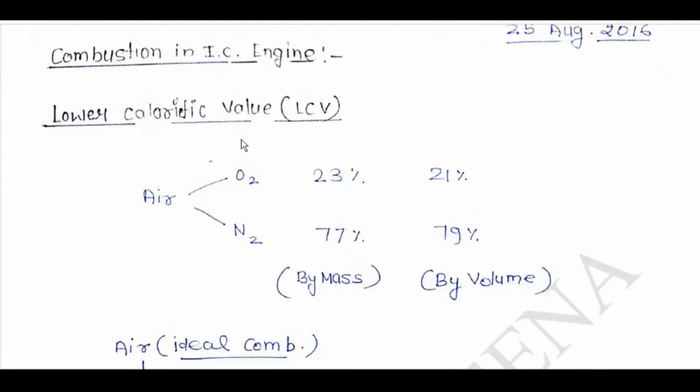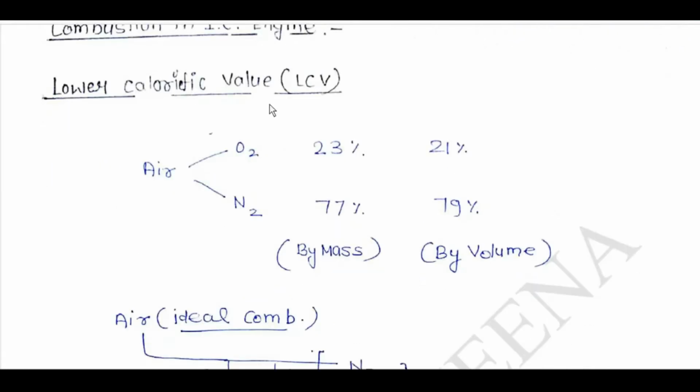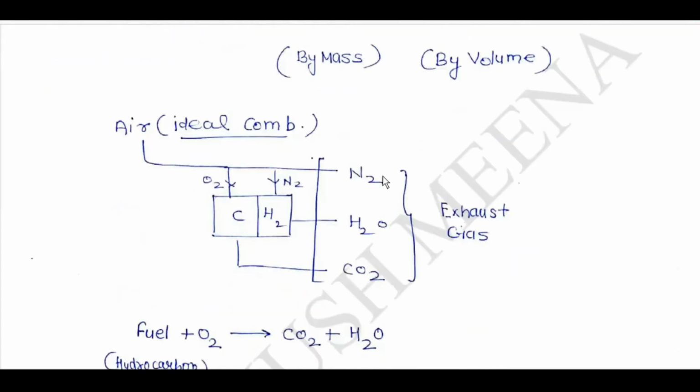Combustion of IC engine. Lower calorific value, LCV. Air has O2 and N2 by mass 23% and 77%, by volume 21% and 79%.